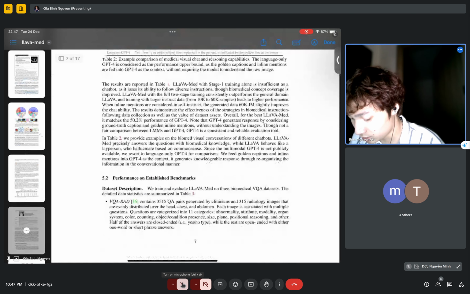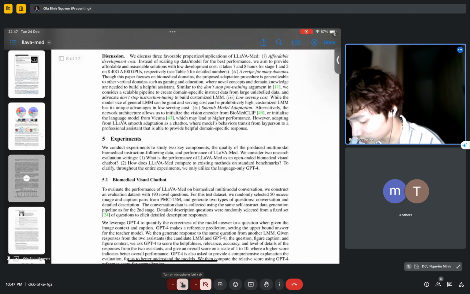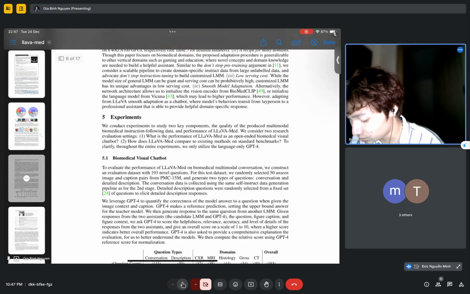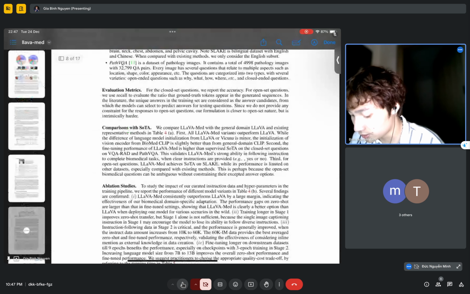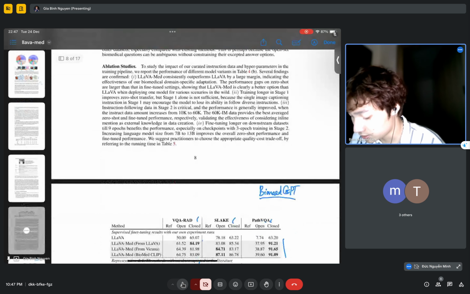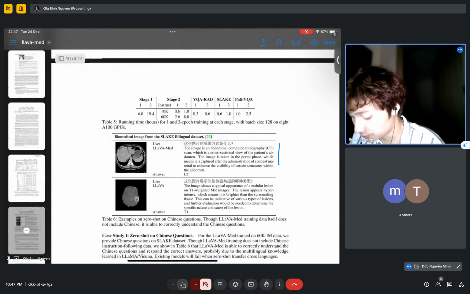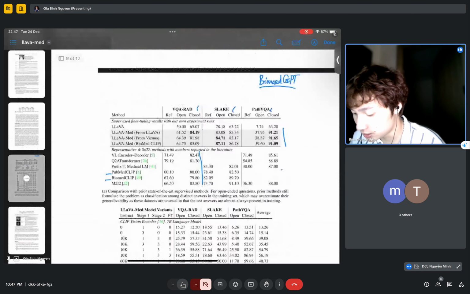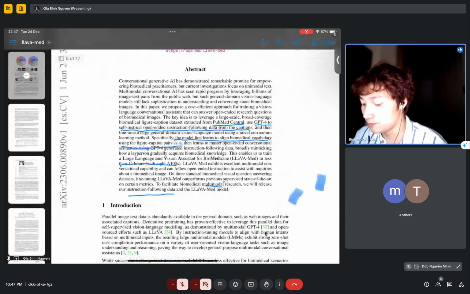The hardware is not mentioned here, but I think we can calculate based on the parameters.